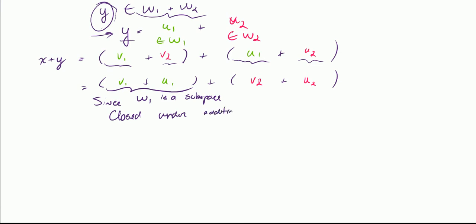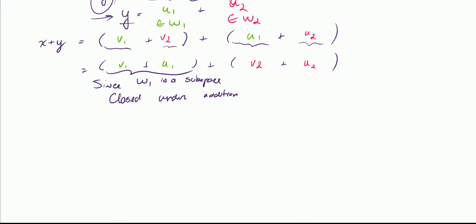So that means if I create an element w1 that's equal to v1 plus u1, where v1 belongs to W1 and u1 belongs to W1, then because W1 is a subspace, it's closed under addition.